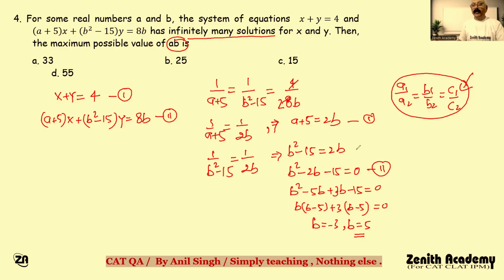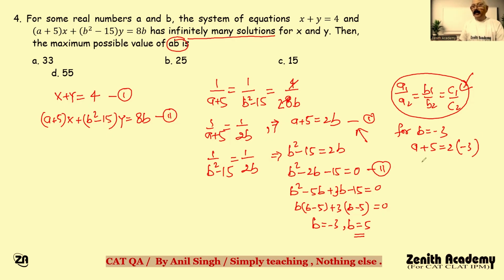So now if I take b is equal to minus 3, for b is equal to minus 3, in this equation a plus 5 is equal to 2 into minus 3. 2 into minus 3 is minus 6.